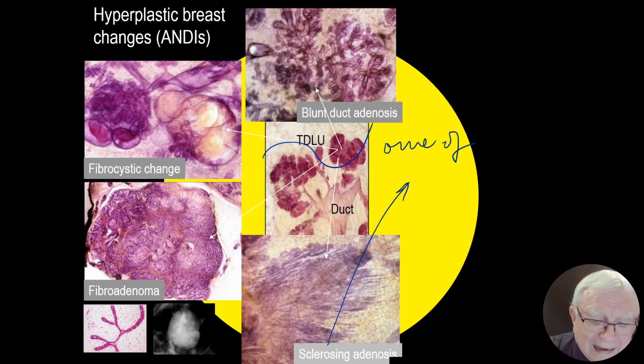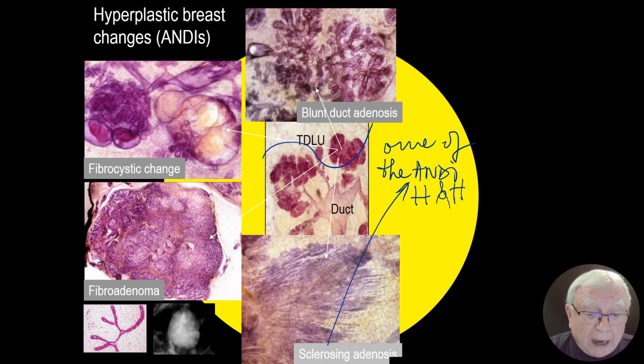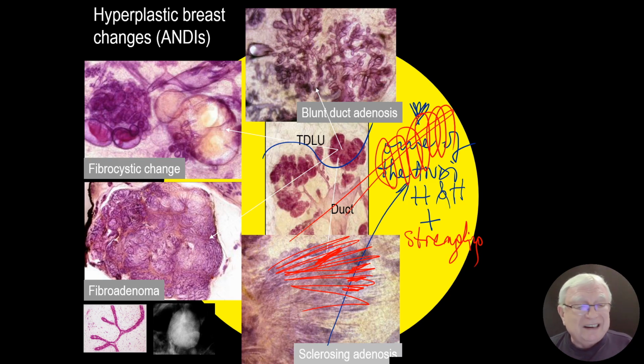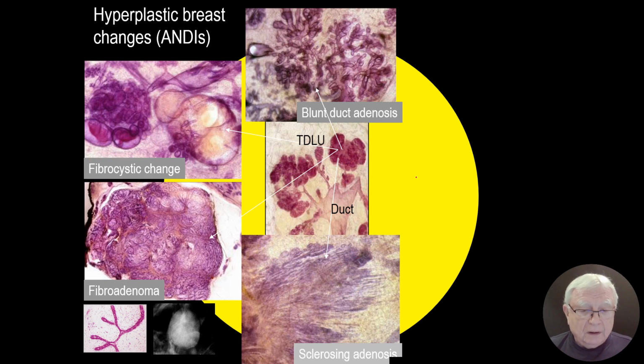One of the hyperplastic breast changes where there is a hyperplasia and hypertrophy of the TDLU, plus the intralobular connective tissue proliferates, and it's strangling the proliferating acini. You grab the finger of your rubber gloves and pull it out. It's not distended, no, because the surrounding intralobular connective tissue does not allow it, strangles it.